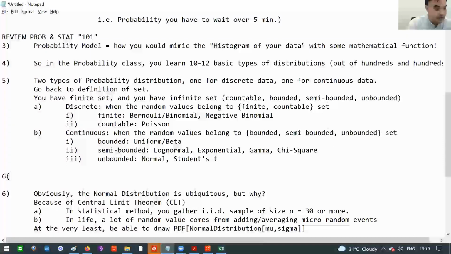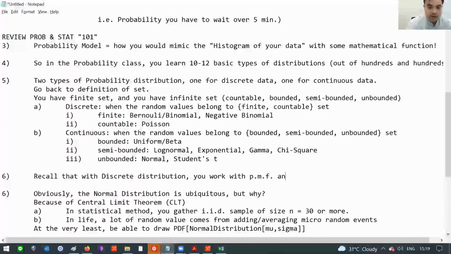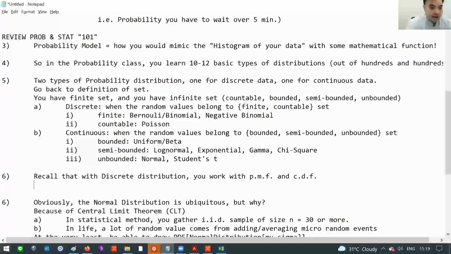Recall that with discrete distribution, we work with PMF and CDF. And with continuous distribution, you work with PDF.